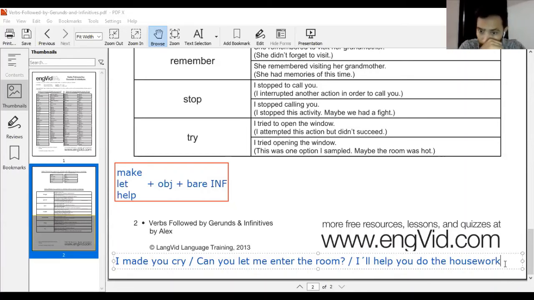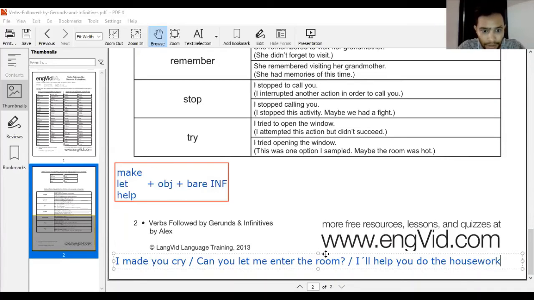In Spanish, ayudaré a hacer los quehaceres de la casa, okay, los quehaceres, right? That's great. Good. But take a look one more time. We have the verb help, the object, and the bare infinitive without to, right? With no to.